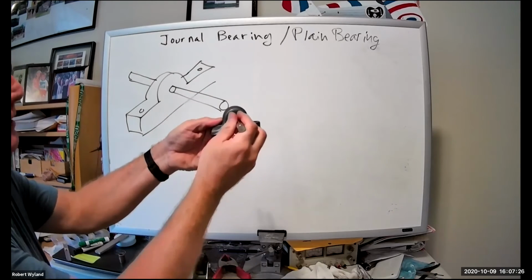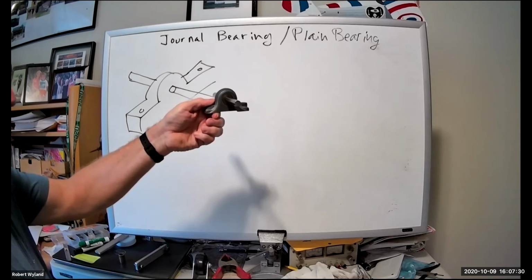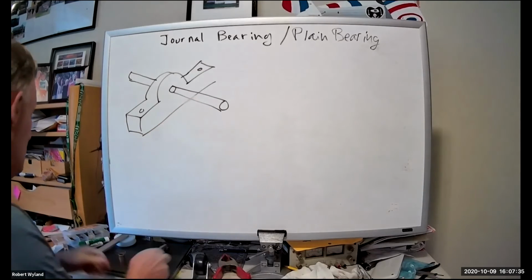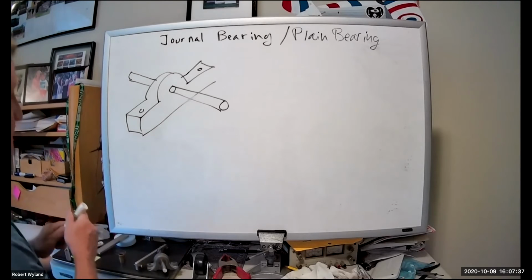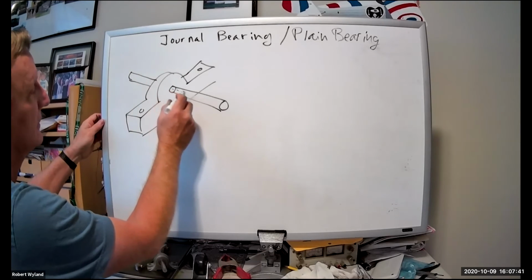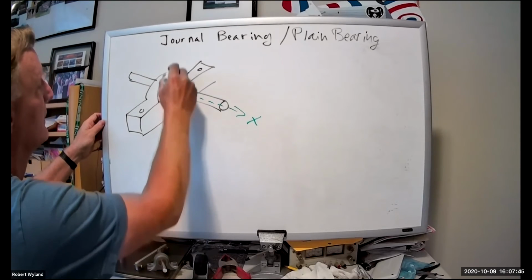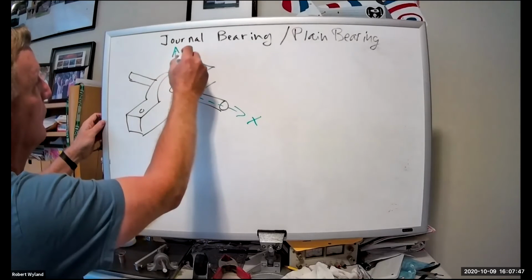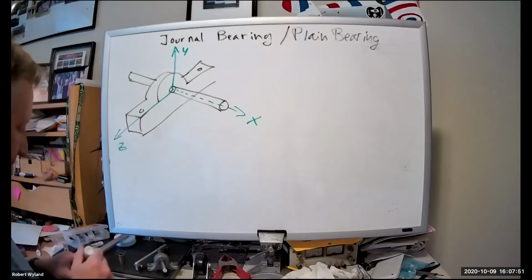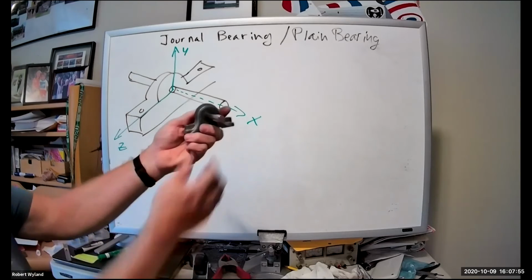So if we put our shaft in there and we want to know what forces it resists, let's again start off by defining our directions. So I'm going to call this X, Y, and Z. We'll go back to our part.